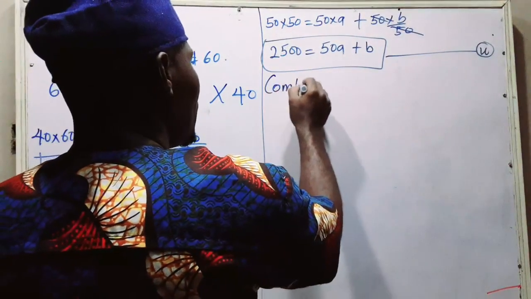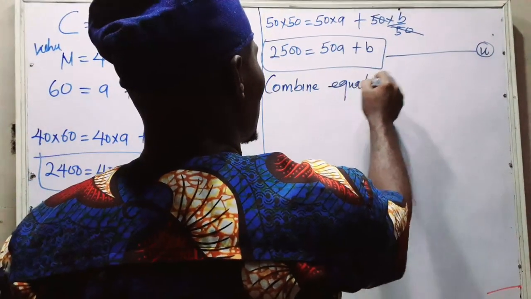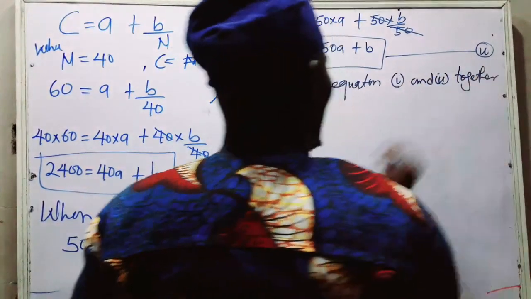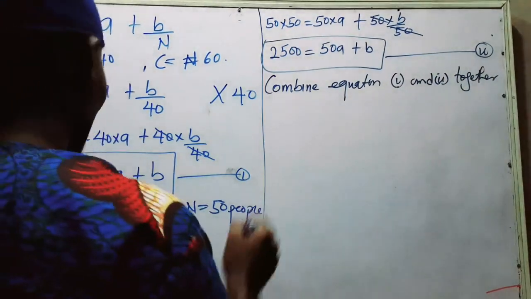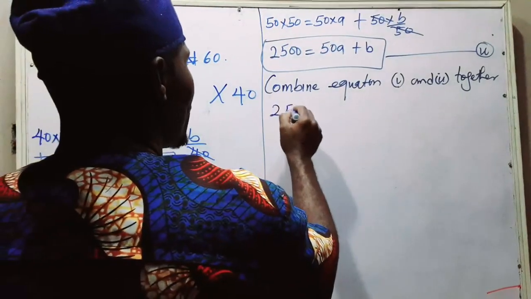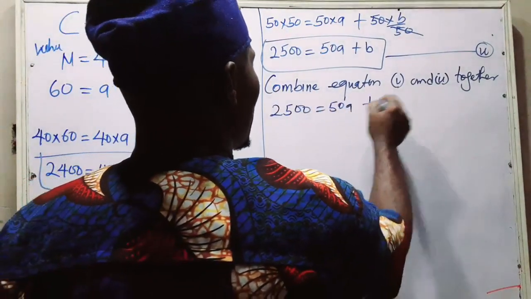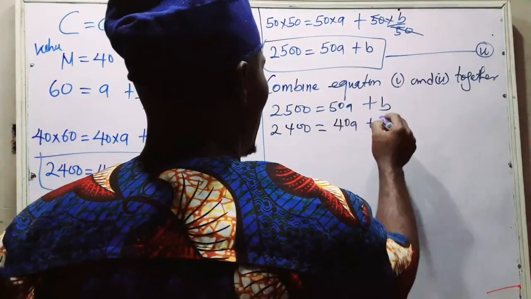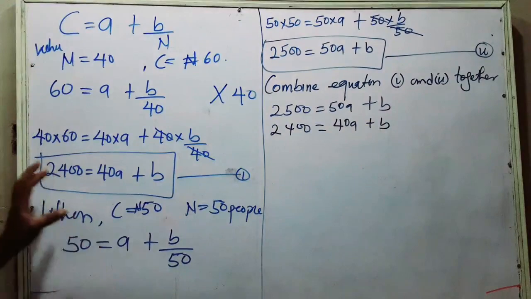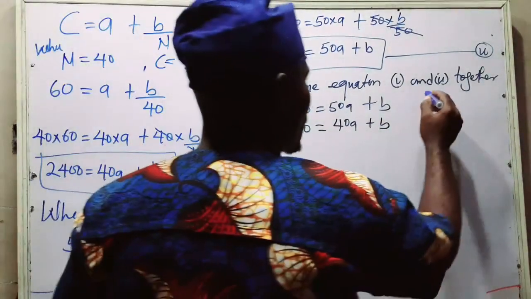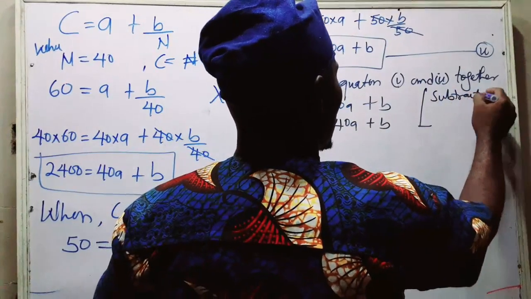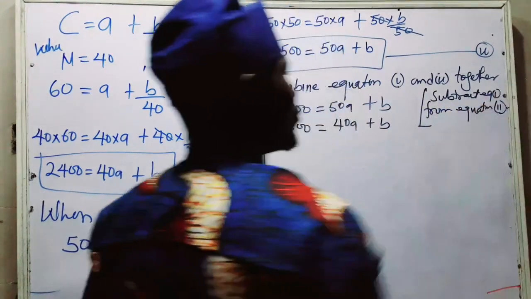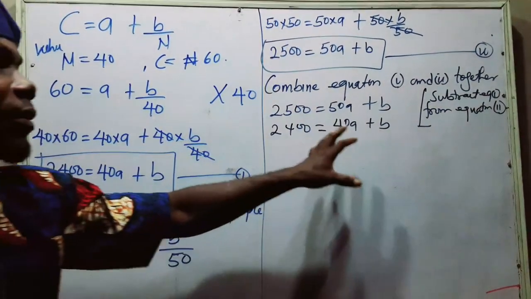Combining equation 1 and 2 together, we have 2,500 is equal to 50A plus B, and equation 1, 2,400 is equal to 40A plus B. What I am trying to do here is subtract equation 1 from equation 2. So I'm subtracting 1 from 2.